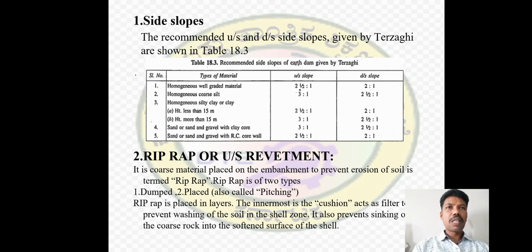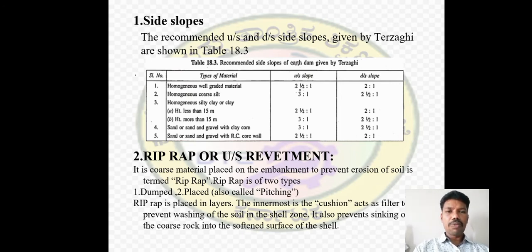Dumped means the material will be dumped over the sloped surface and left as it is, and it will work as a barrier or protective layer. In the other way, we will place granular material like boulders and other things neatly packed, which we call pitching, so that it will protect the slope of the structure from erosion and tidal effects, which we call a revetment.